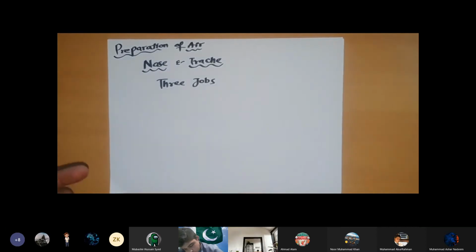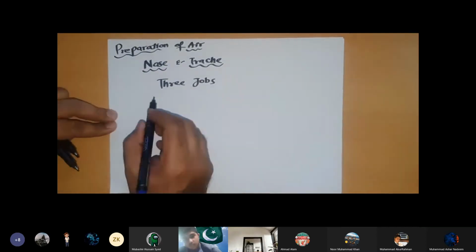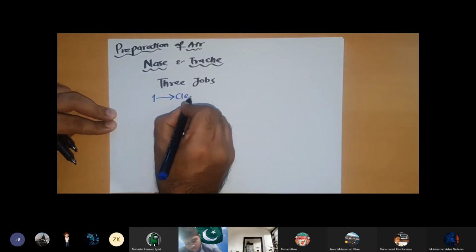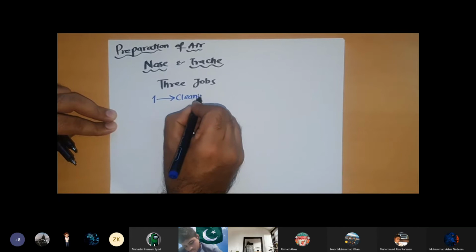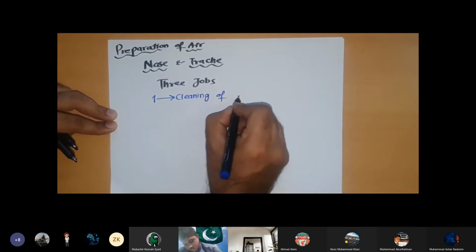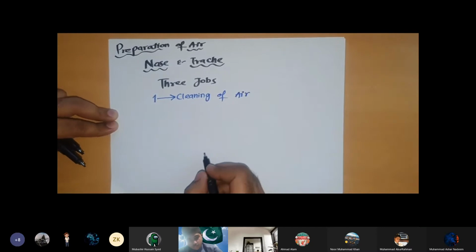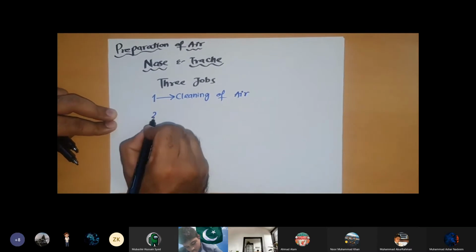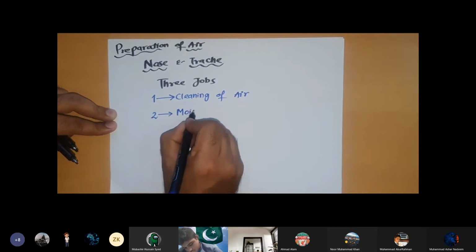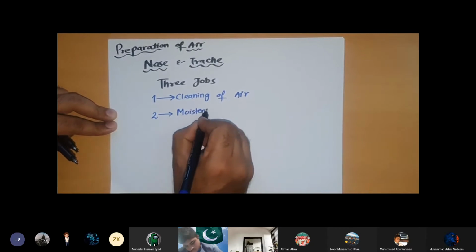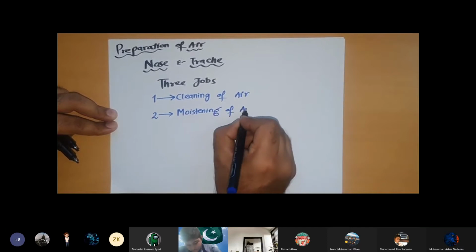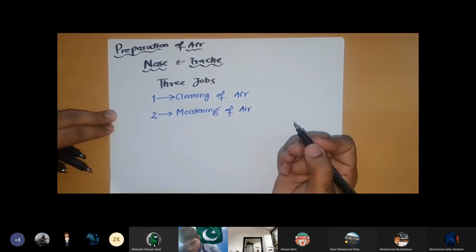Now, the first important job in this case is cleaning of air. Second job is moistening of the air. Now, the question is why there should be moistening of the air, or what does moistening of the air mean?